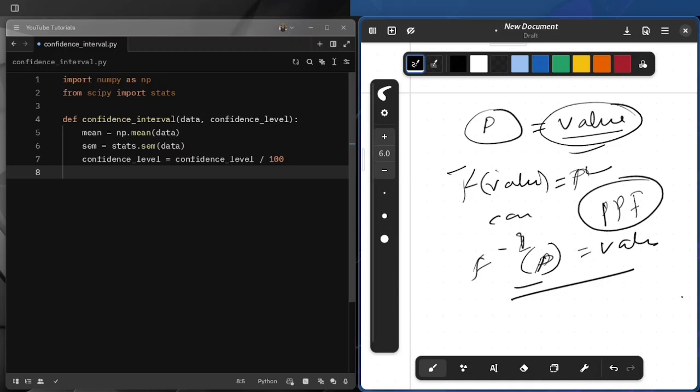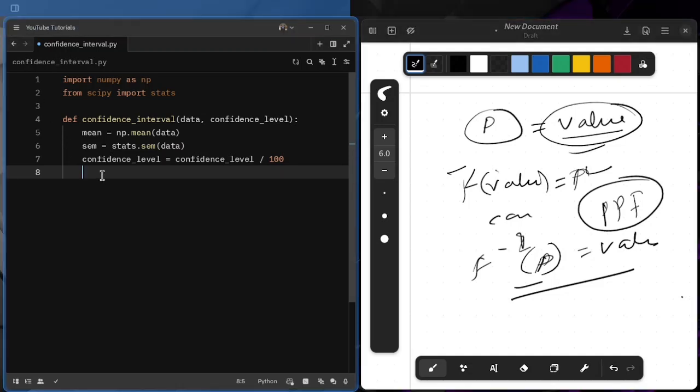So here we have the value and we are finding the probability, but here we have this ppf. That's why we are going to calculate cumulative probability first, and once we have the cumulative probability, we can use ppf. Ppf is the inverse of cumulative probability. It means that given the probability, we can find the value. So we are going to use cumulative probability, which is equal to 1 plus the confidence level divided by 2.